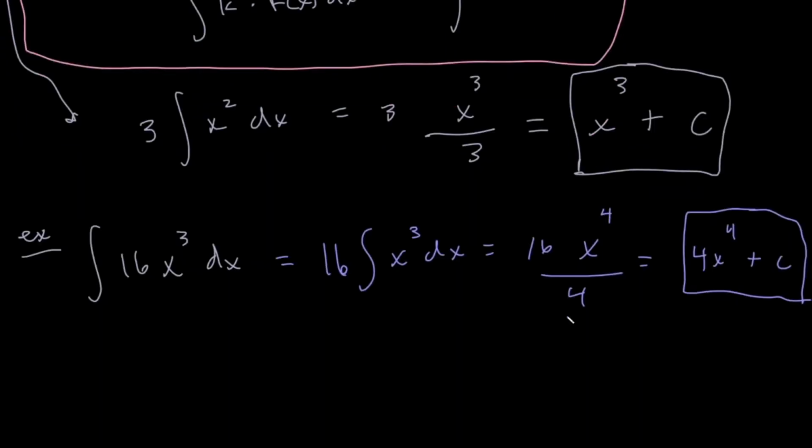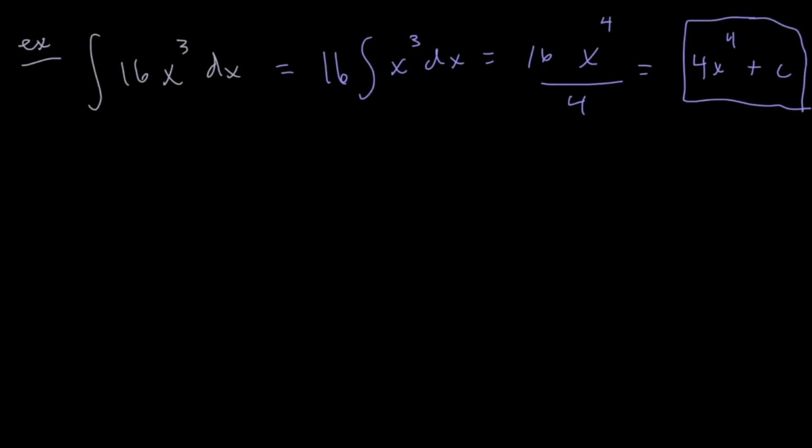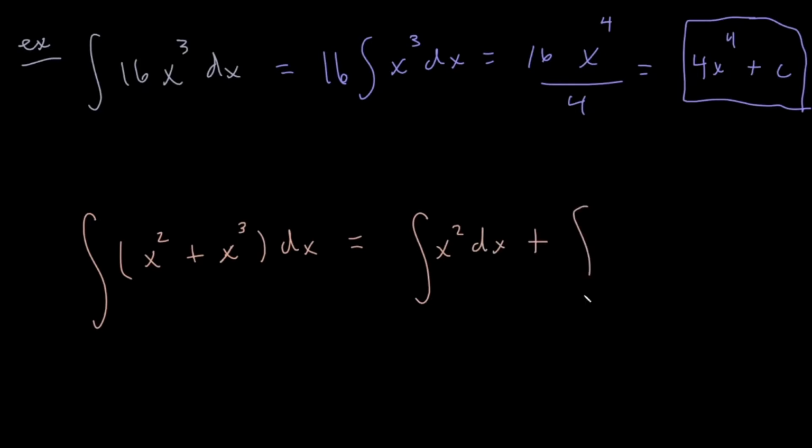Now what instead if I have an addition or subtraction, a sum or a difference of functions? Consider the integral of x squared plus x cubed. How do I deal with this? Thankfully, it really is as simple as the integral of x squared plus the integral of x cubed.